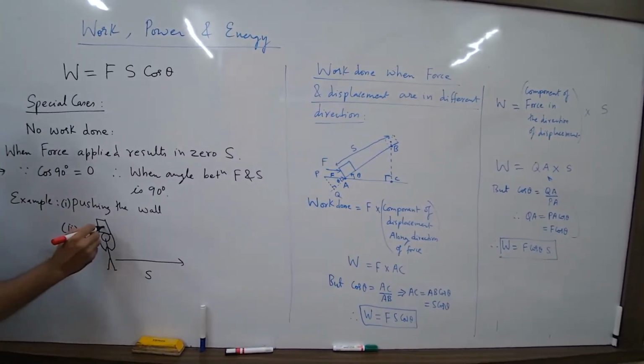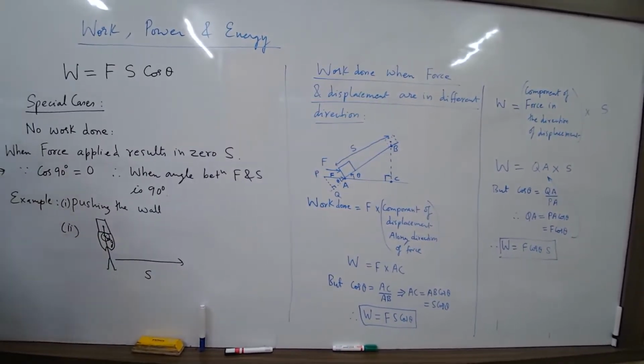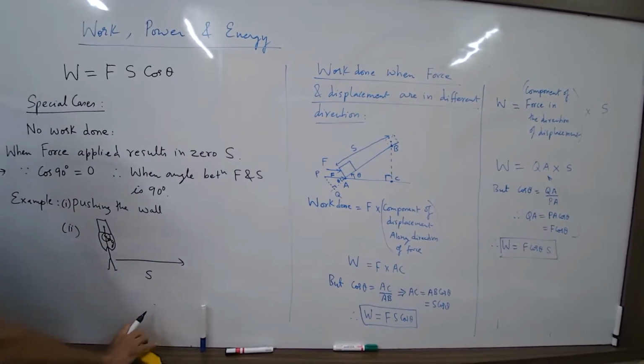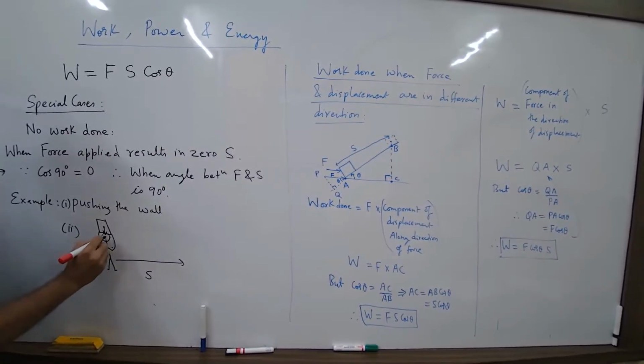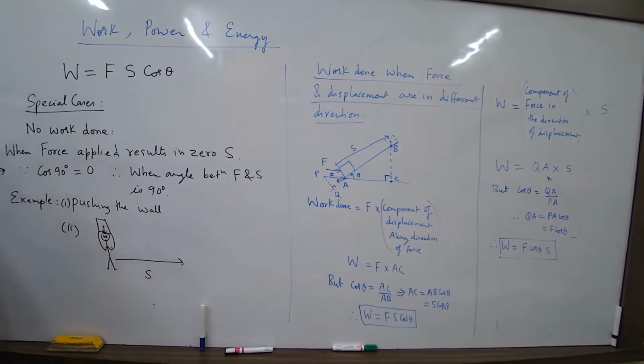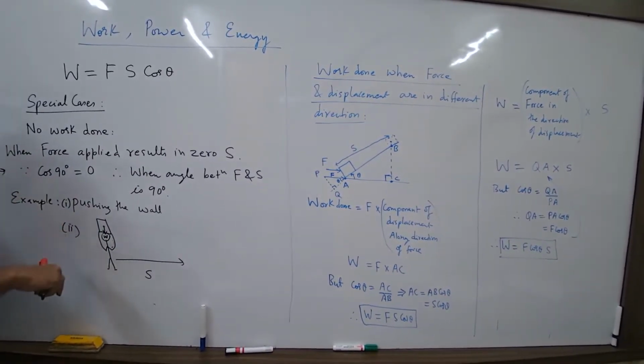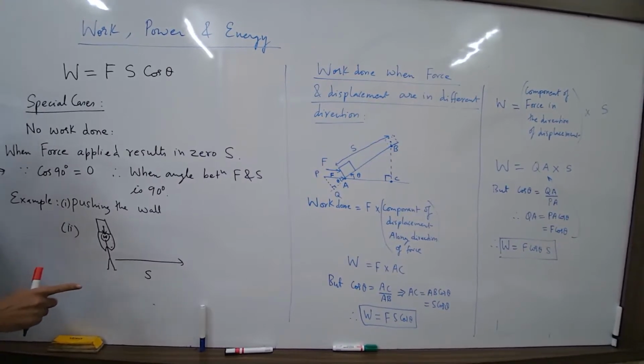Where is the force? mg, right? The force is the weight. Weight is downward. That is the force. So which force is this? Gravitational force. So who is not doing work? The gravitational force is not doing work.